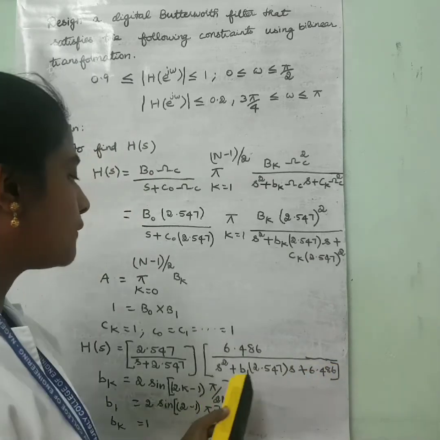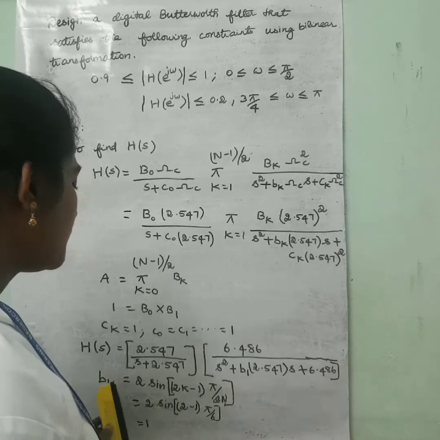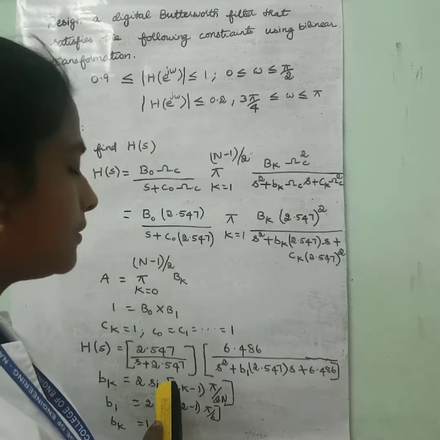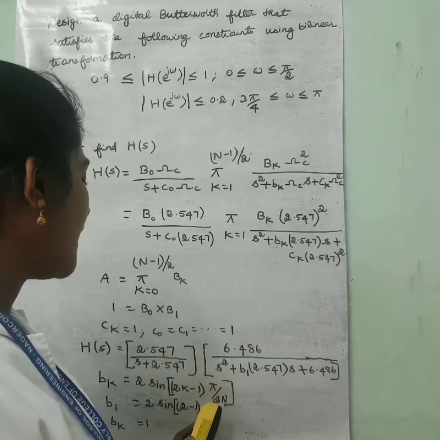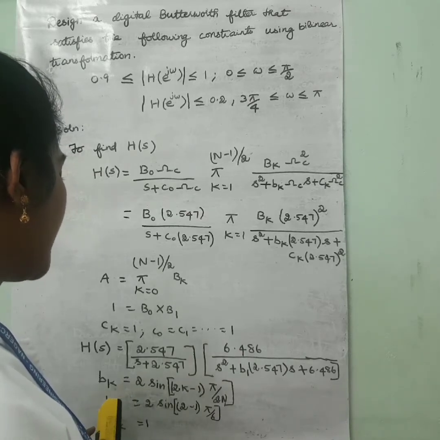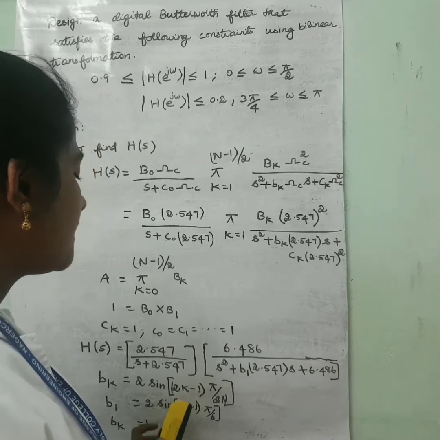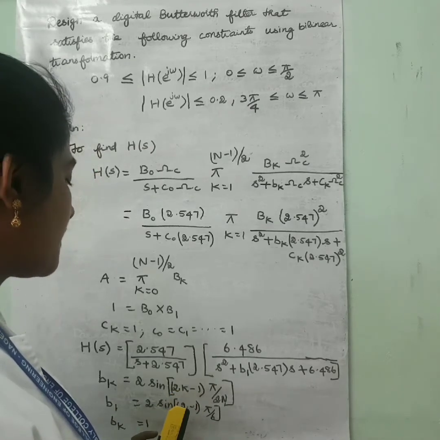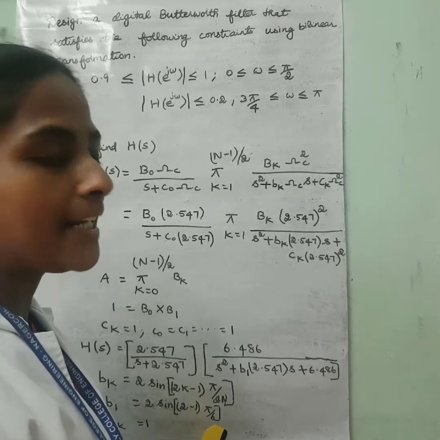Okay, now we have to find the value of bk, that is b1. bk is equal to 2 sine of (2k minus 1) pi divided by 2n. So first we substitute k equal to 1. So b1 is equal to 2 sine of (2 into 1 minus 1) pi divided by 6, that is pi divided by 6.